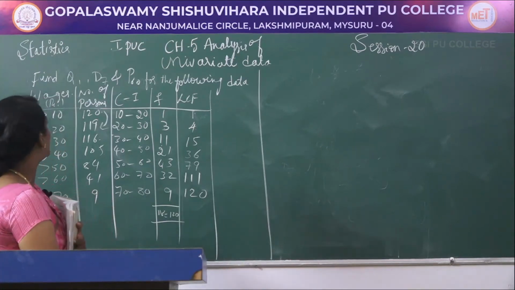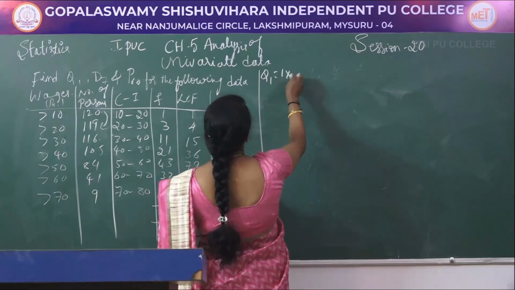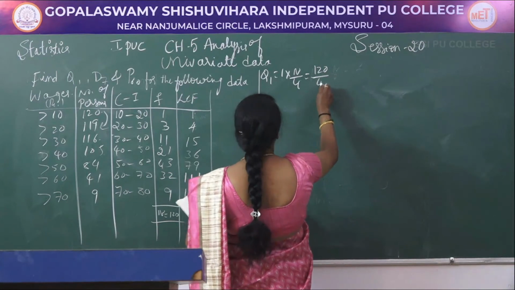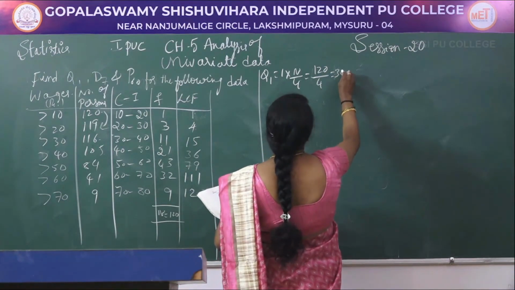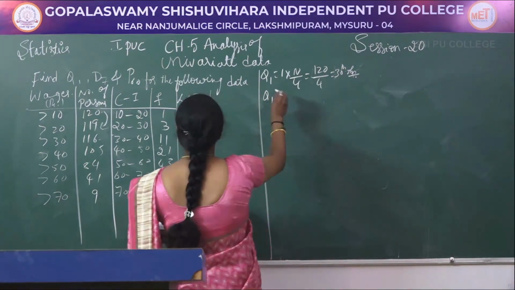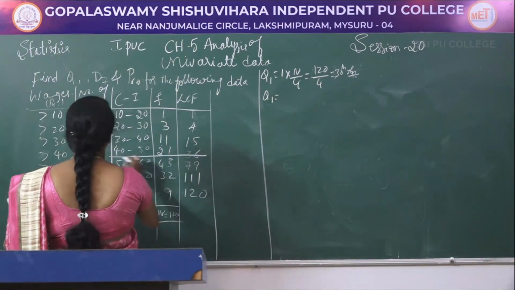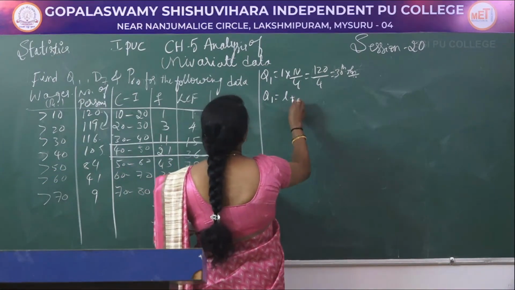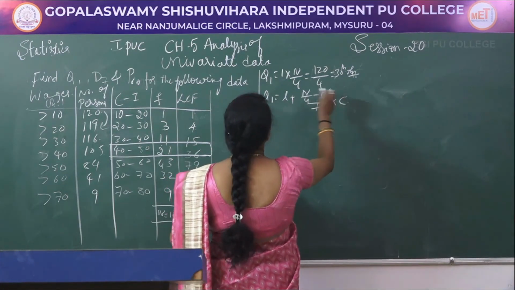First we have to find the Q1 value, that is the lower quartile. Q1 is equal to 1 into n by 4. It is 120 by 4, which is 30. So this is the 30th observation. 30 comes in the LCF at 36, so we consider this class interval. The formula is L plus n by 4 minus CF by f into c.